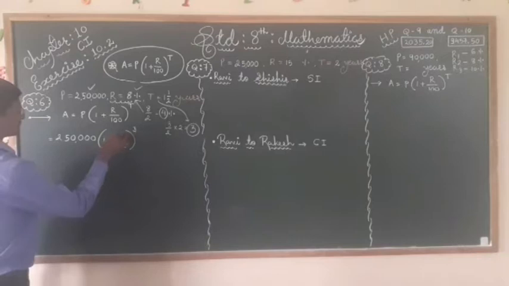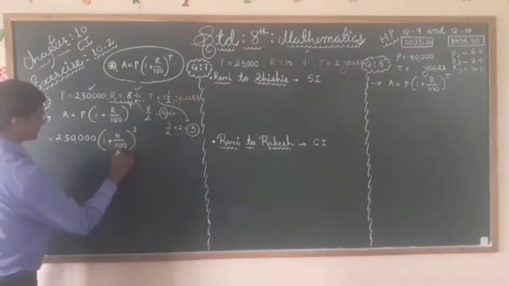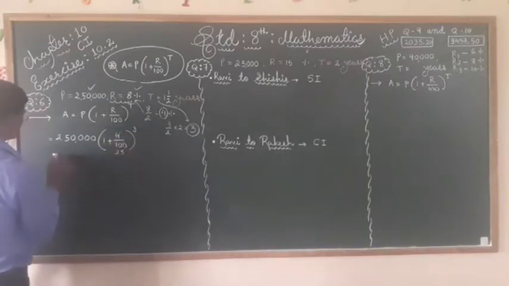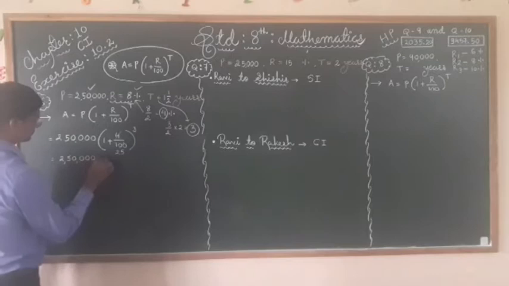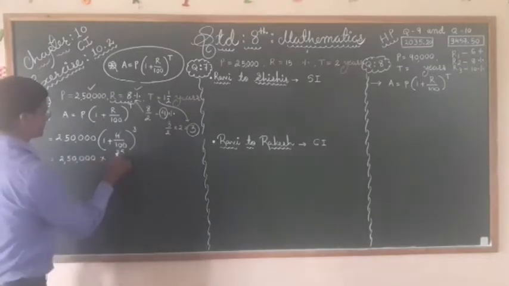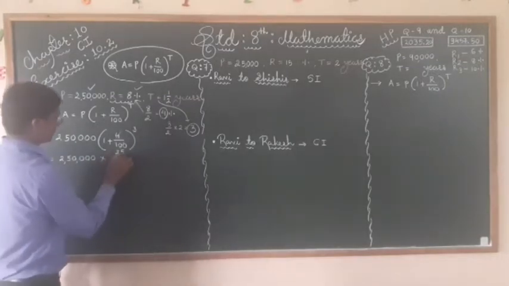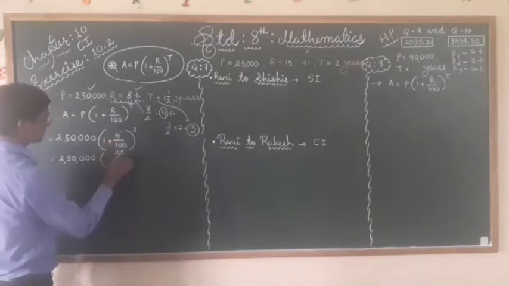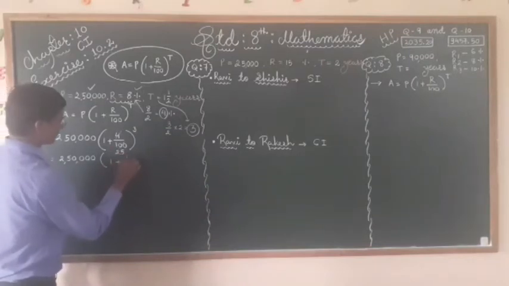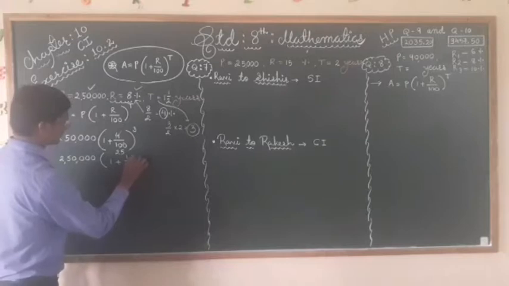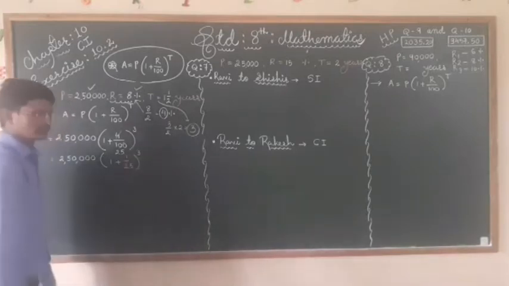So what will we do? 25 for the 100, so 2,50,000 multiplied by 1 plus 1/25, whole cube 3.